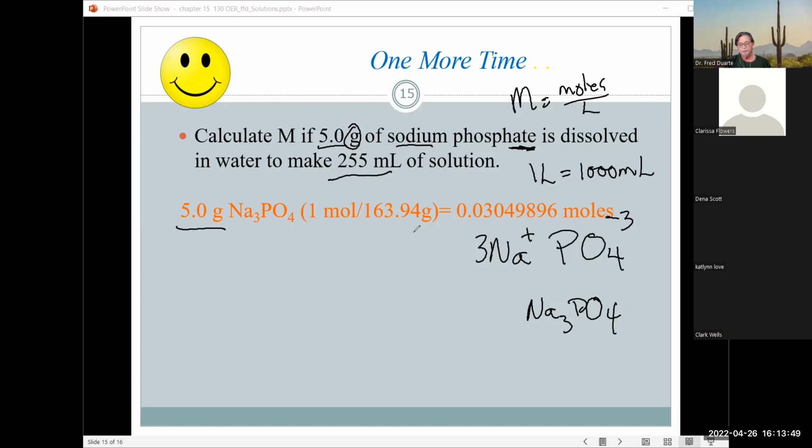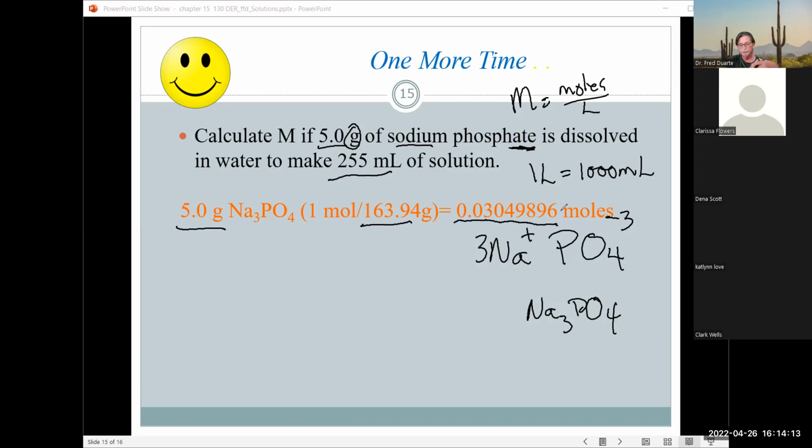And just like the previous example, we're taking 5 grams of sodium phosphate. We're going to divide it by the molar mass, and then we're going to have this long number here that we want to keep because we don't want to truncate. The thing about truncating beforehand is you propagate your error in your final answer. So don't do that.